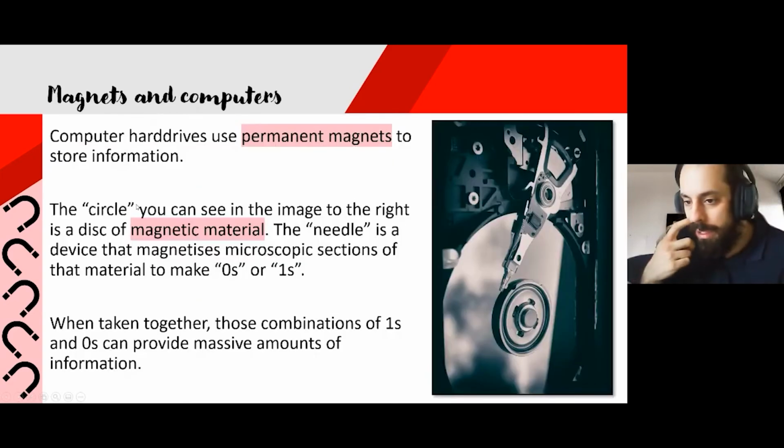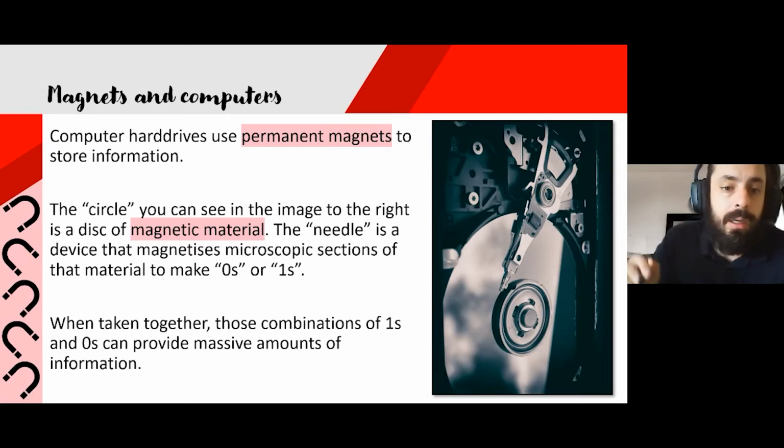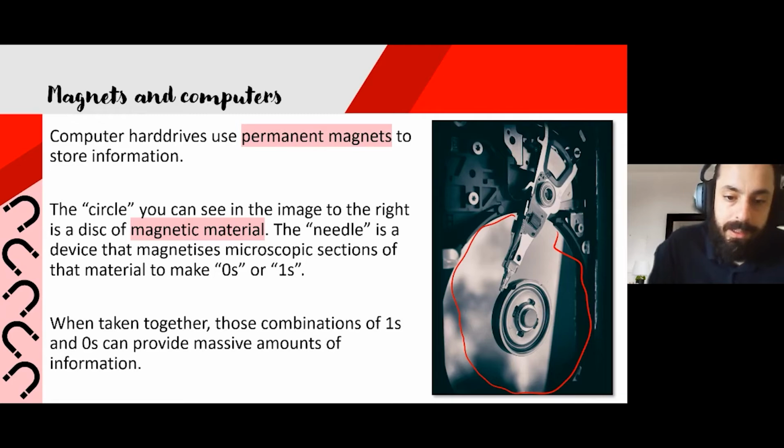Okay, so hard drives. This is a little bit more modern. Hard drives use permanent magnets to store information. So that circle, everything here that you see here, that's magnetic material. So the needle, this needle will be reading the magnetic material, and it will do a combination of 1 and 0s, which is a binary code.